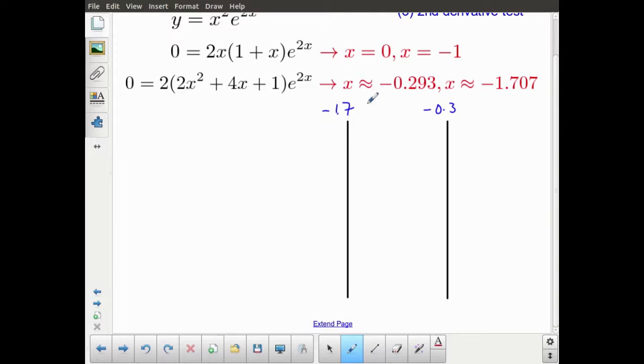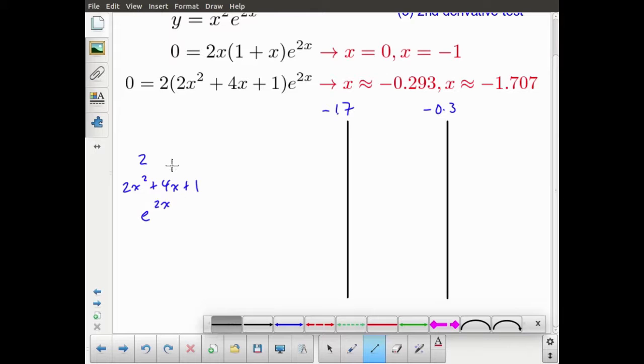And then I'm going to put in my factors for my second derivative. That's going to be, of course, 2. I don't really need that, I'm just going to put it in for completeness. And then I've got 2x squared plus 4x plus 1. And then I have e to the 2x. And again, not one that I necessarily need, but I'm doing it for completeness.